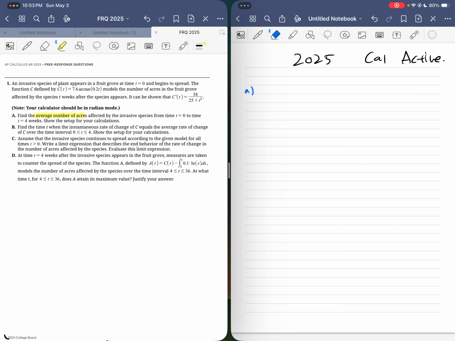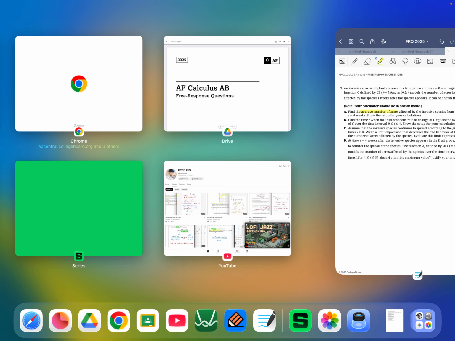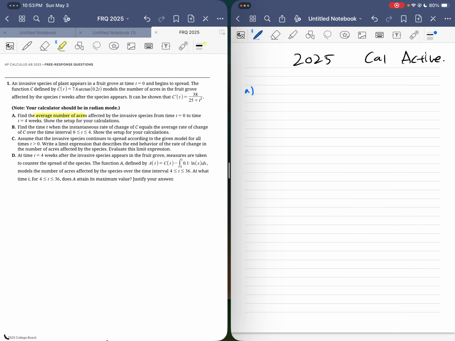So this one is a really easy concept. Normally when you say average number, you can either use average rate of change, which is y2 minus y1 over x2 minus x1, but this one is an average number, which means you have to use the average value theorem.